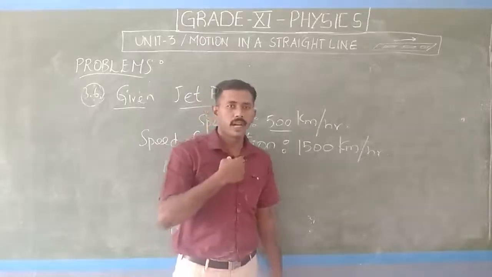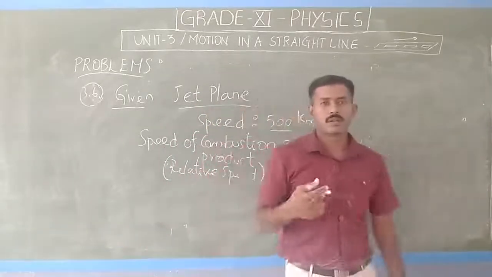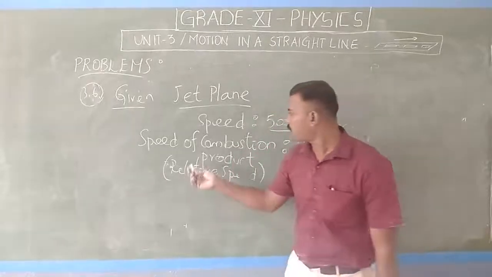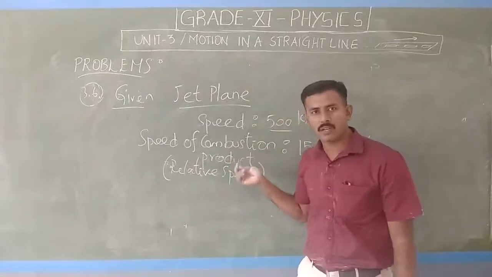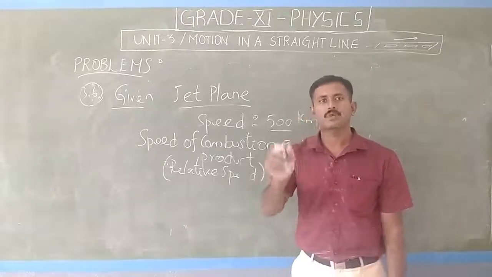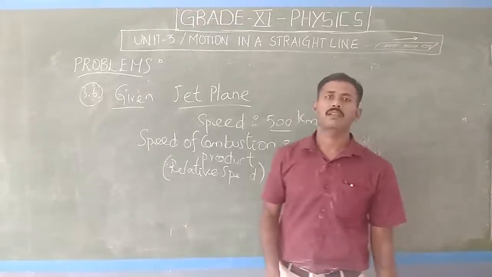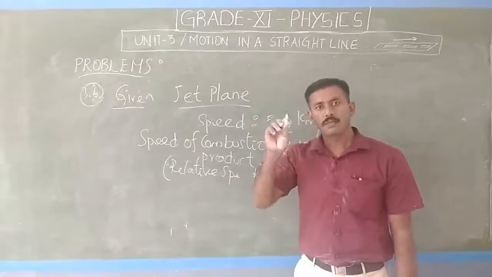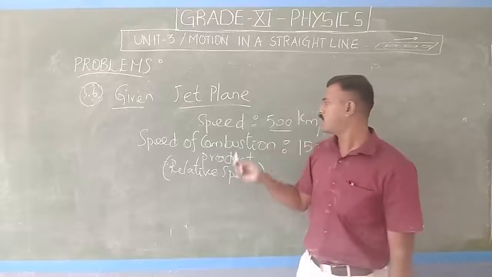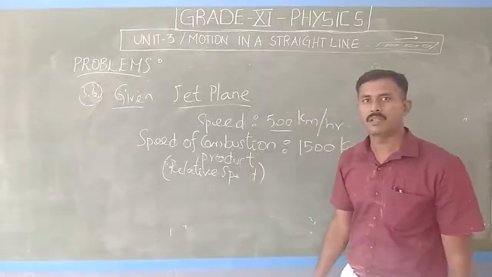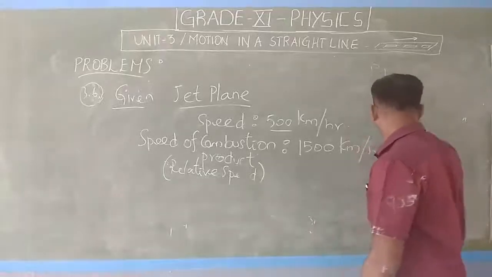And as per us, if you are watching the jet plane, what is the speed of this combustion product with respect to you, the person who is watching the jet plane from the ground? That is the thing of the observer.